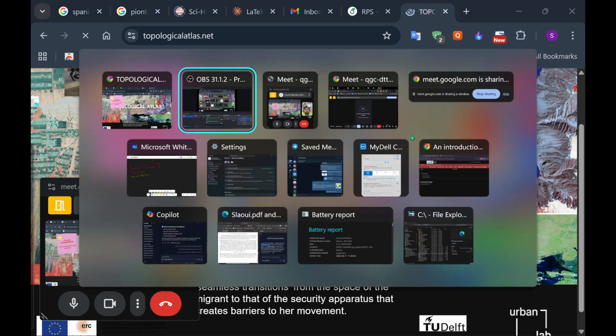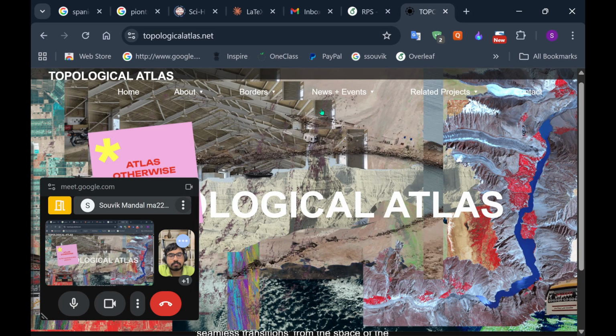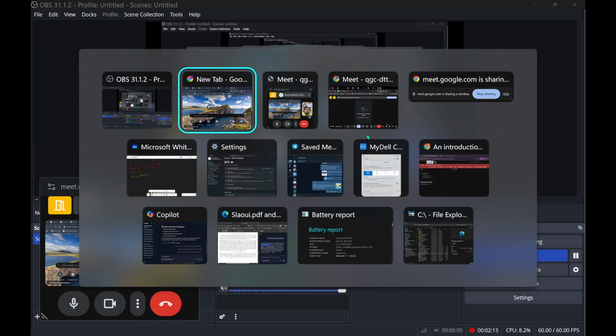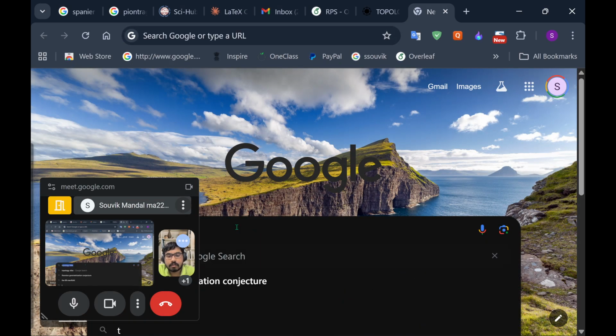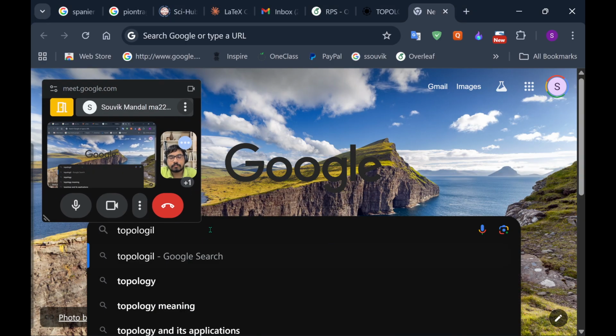There is an issue with the website. Topology Atlas.